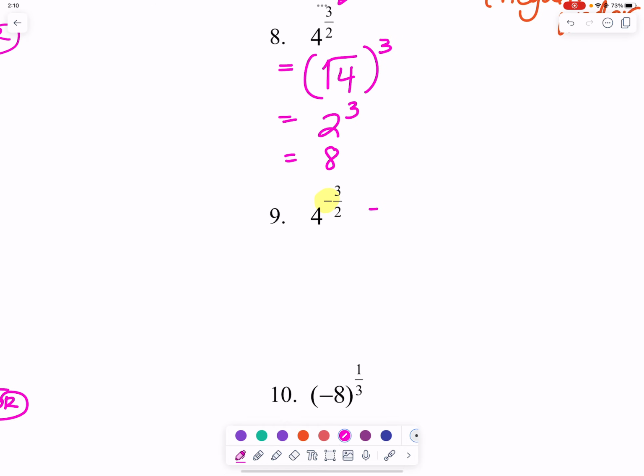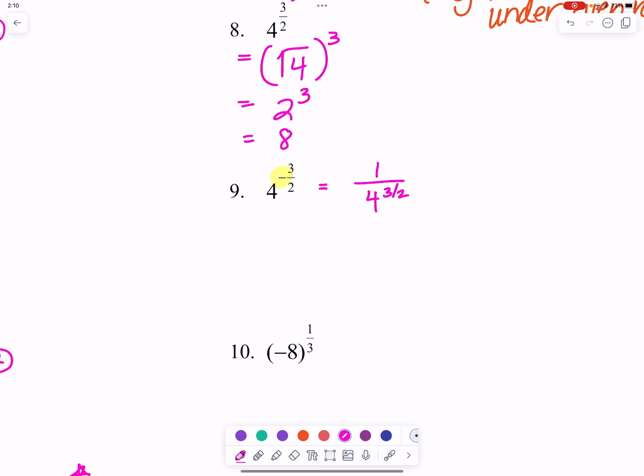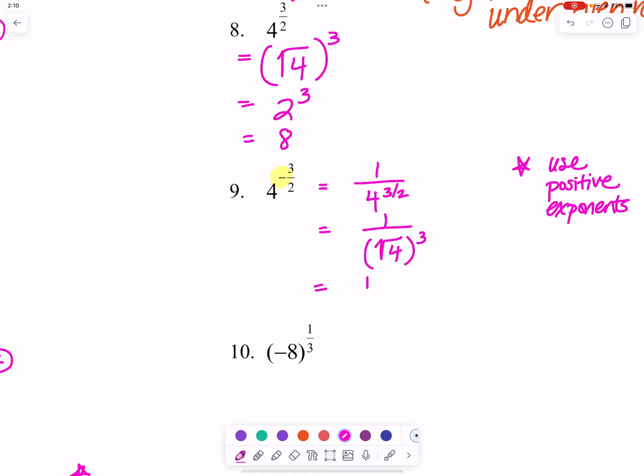We want to take care of that first and go to the denominator with the positive exponents. So use positive exponents. Now, 1 over the square root of 4 cubed, we have 1 over 2 cubed, and we have 1/8.